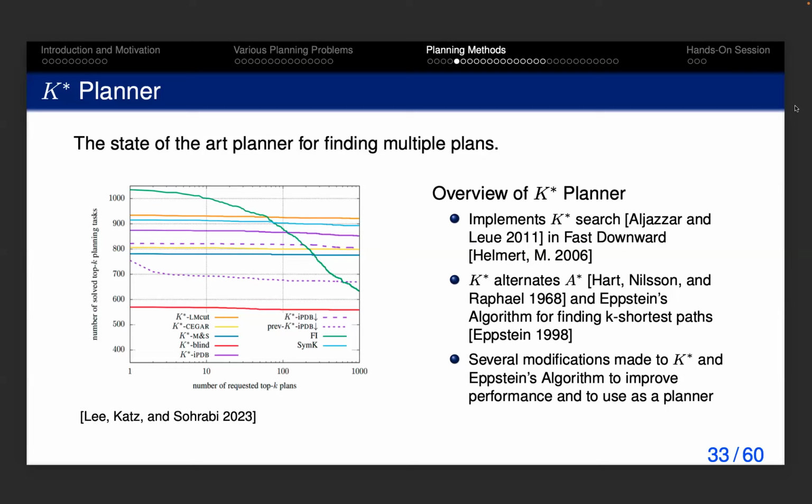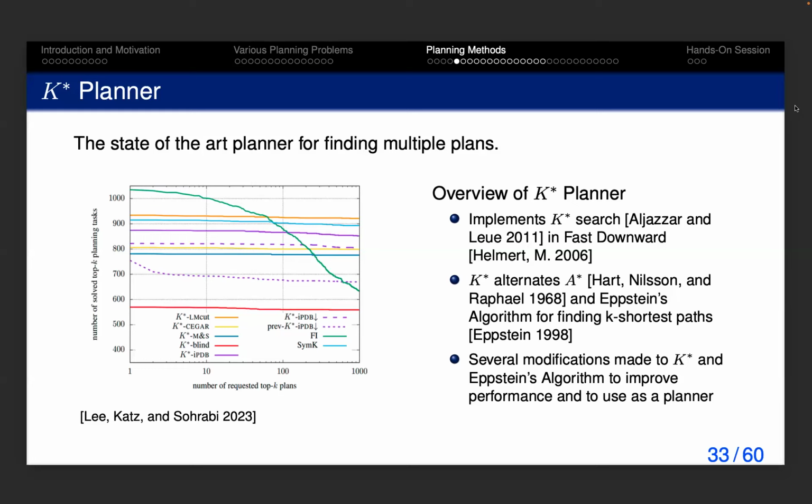So let me talk about K-Star Planner. Currently, I think K-Star Planner is the state-of-the-art planner for finding multiple plans. There are only 3 planners for this. So, overviewing K-Star Planner, it implements the K-Star search algorithm in Fast Downward. K-Star alternates A-star and Eppstein's algorithm.